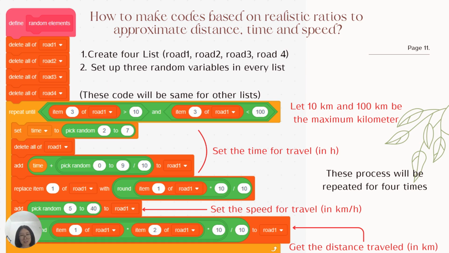It will set the time for travel as a 1 decimal number, set the speed for travel, and get the distance traveled by multiplying the first two numbers. It will repeat the process until the distance is within 10 km to 100 km. The process will be repeated 4 times for every list.